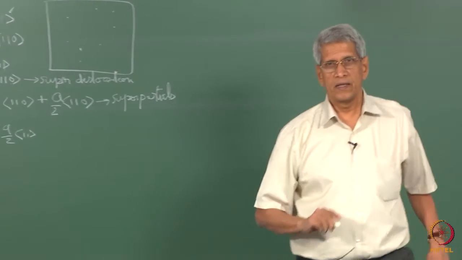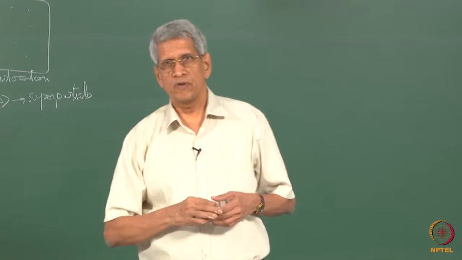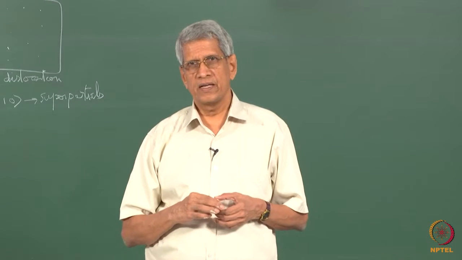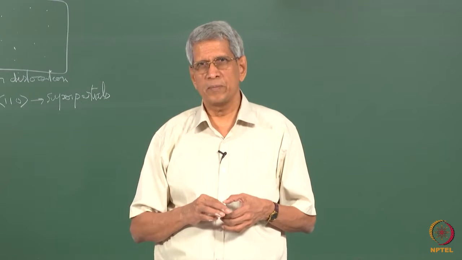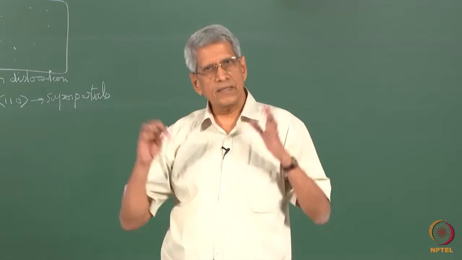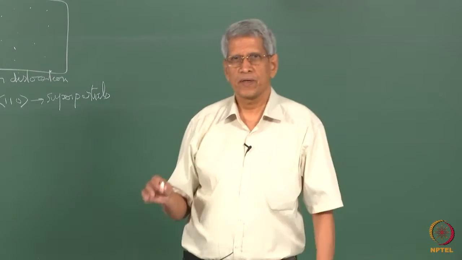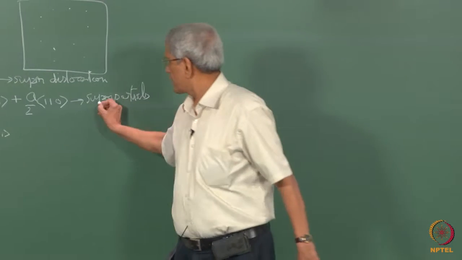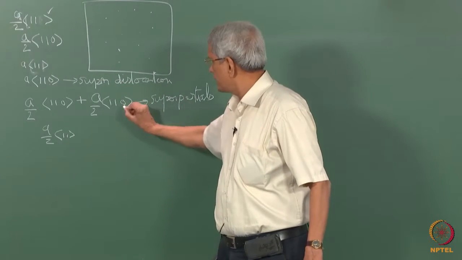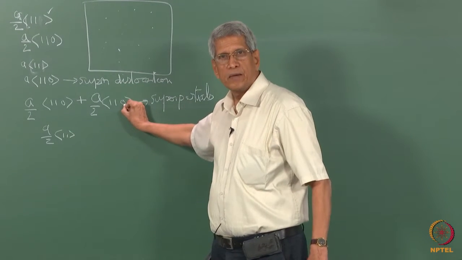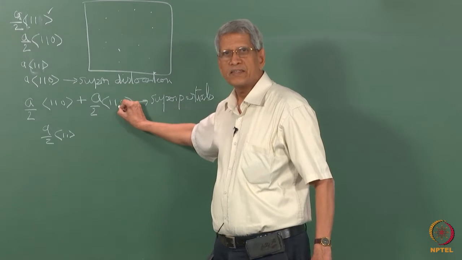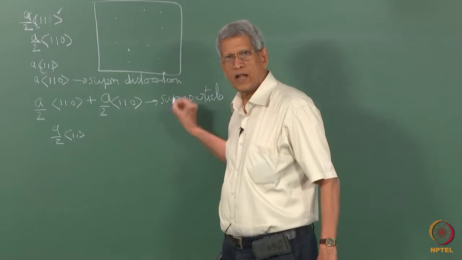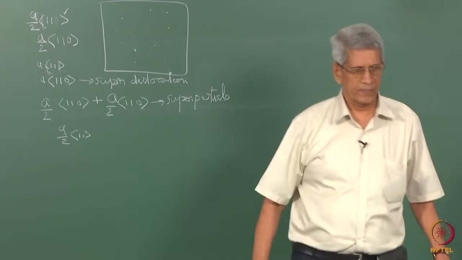You remember that when we talked about the FCC, the dislocations which form stacking faults, we call them partial dislocations. The same terminology is being used here. These are called super partials because these dislocations are perfect dislocations in the disordered lattice, but in the ordered lattice they create a fault. So they are called super partials.